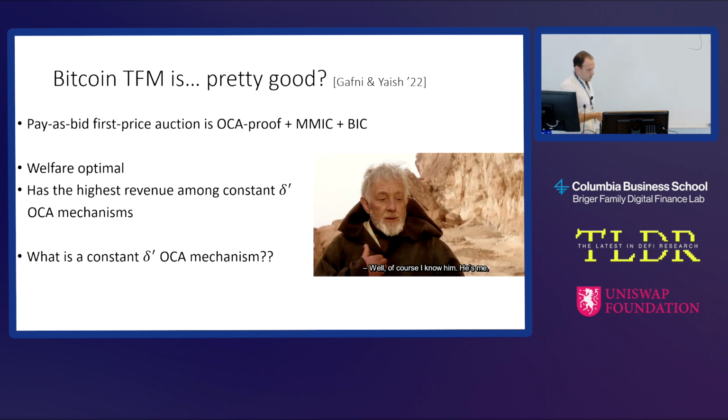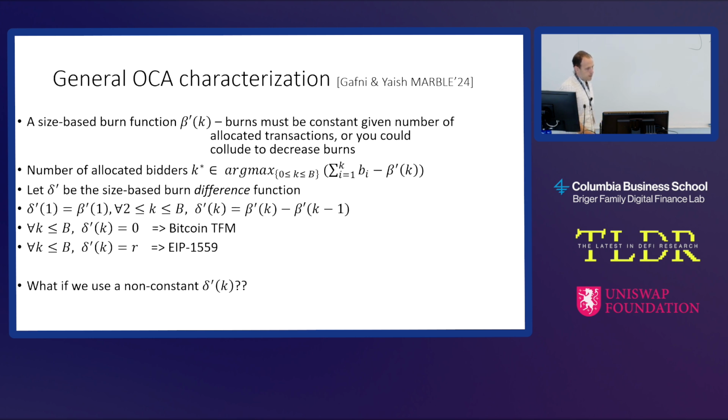And you can even go farther and characterize all the OCA mechanisms. OCA mechanisms, without giving the formal definition, are just mechanisms that maximize the joint utility of all the winners. So, for example, we will not leave empty blocks if we can avoid that.